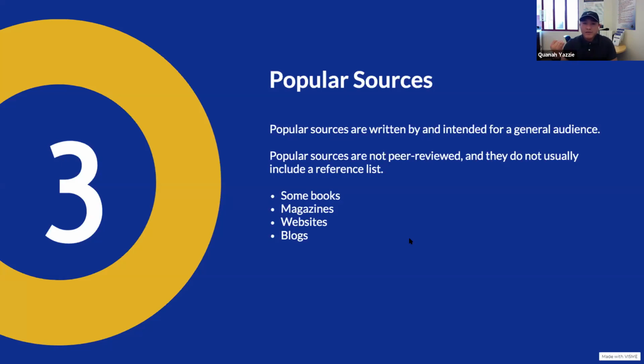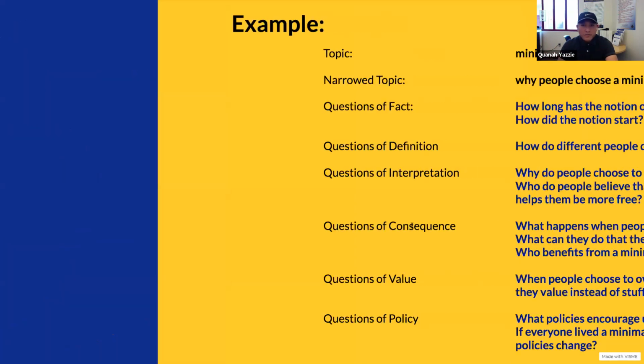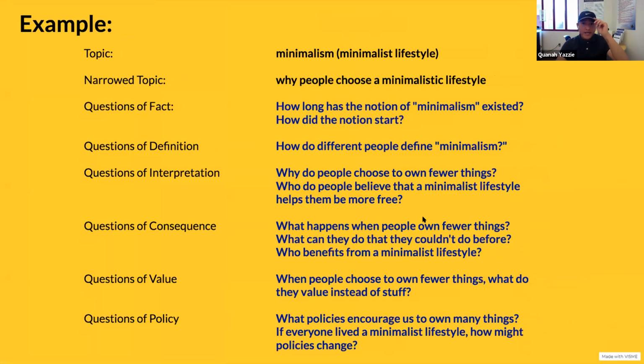Sometimes we use a lot of websites, right? We use a lot of blogs and magazines. And I believe I have a slide here that relates what type of research can help to identify what kind of sources we need. So here's an example again of what I'm talking about with identifying resources.